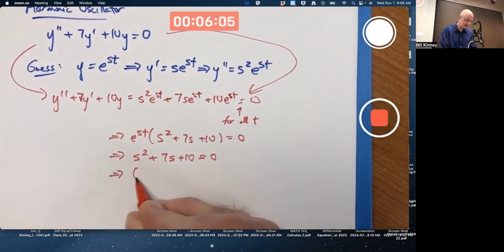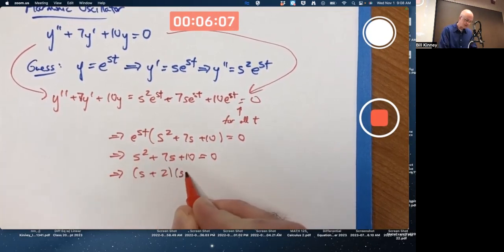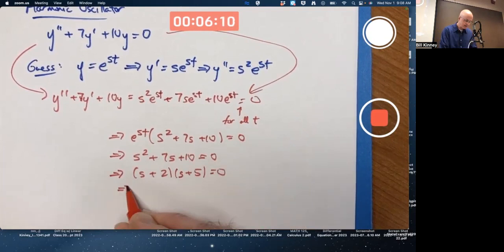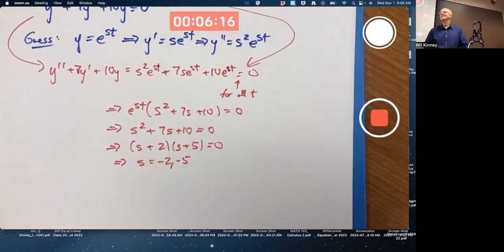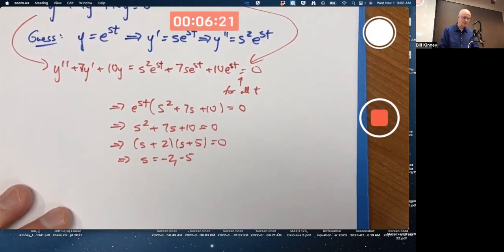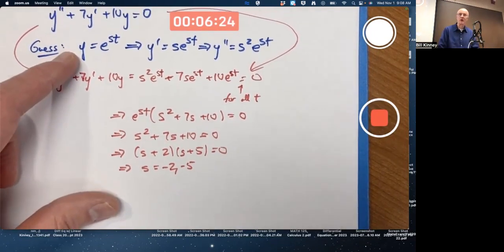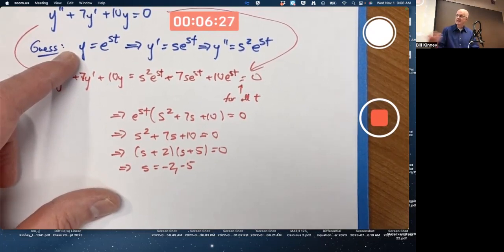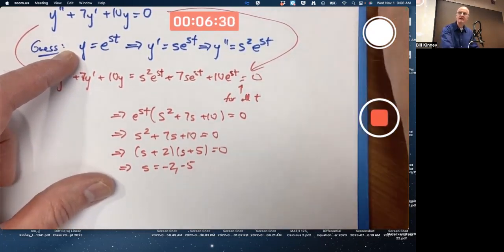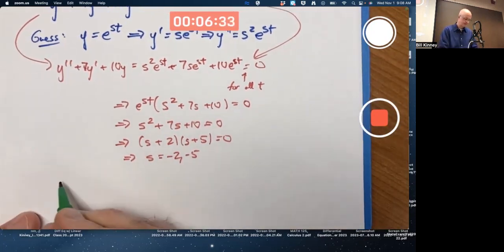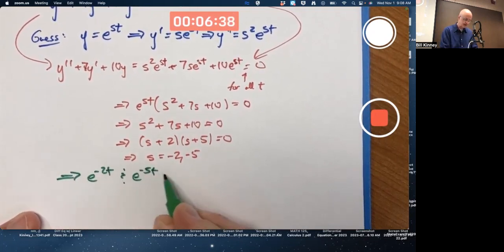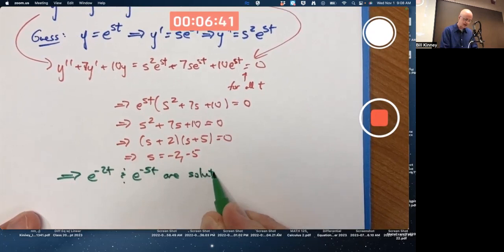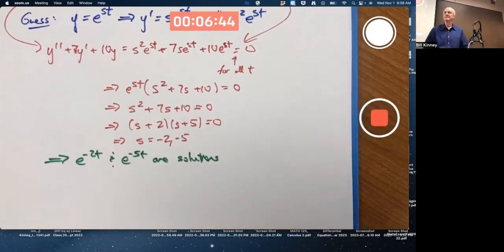We can factor it here. We get s plus 2 times s plus 5. So the possibilities for s are -2 and -5. What this ends up meaning is our guess will work if s is -2 or -5. e to the -2t and e to the -5t are solutions of the original second order equation, scalar solutions.